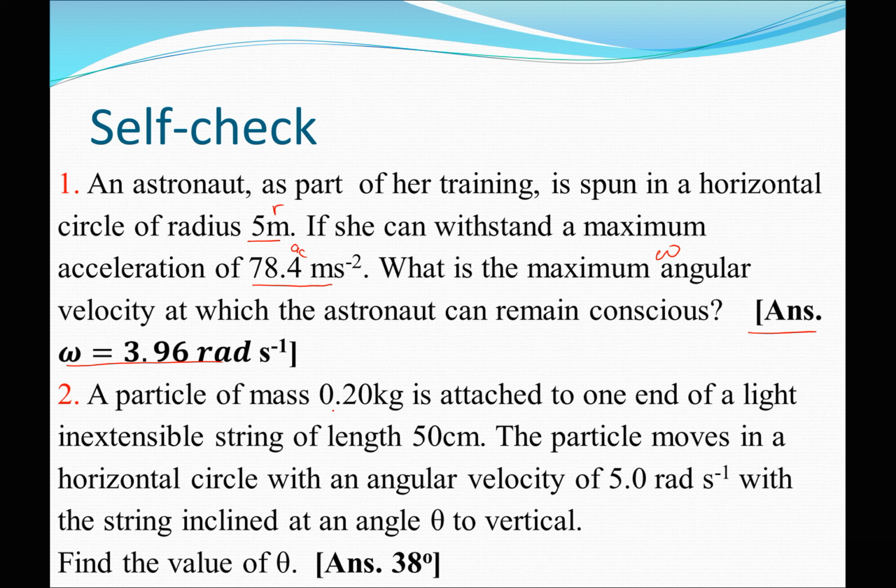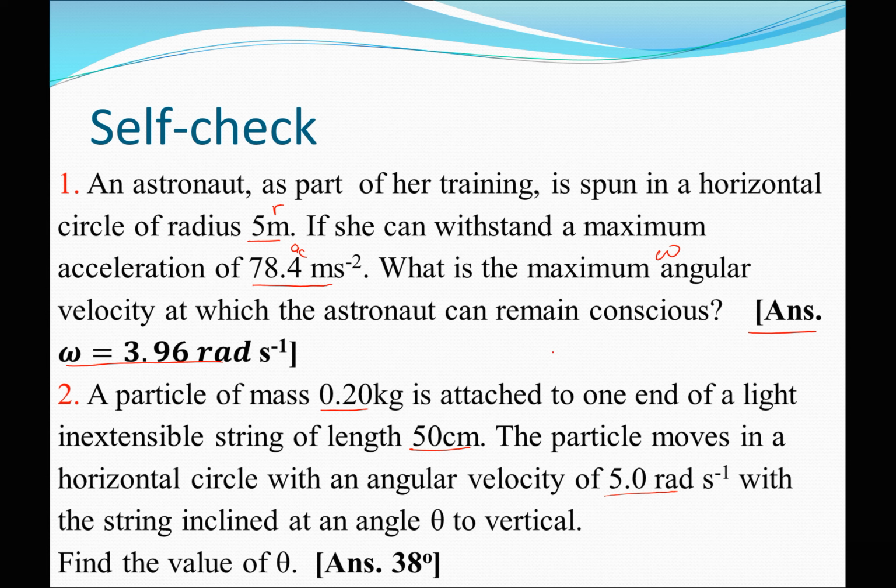A particle of mass 0.2 kilograms is attached to one end of a light inextensible string of length 50 centimeters. The particle moves in a horizontal circle with an angular velocity of 5.0 radians per second, with the string inclined at an angle theta to the vertical.